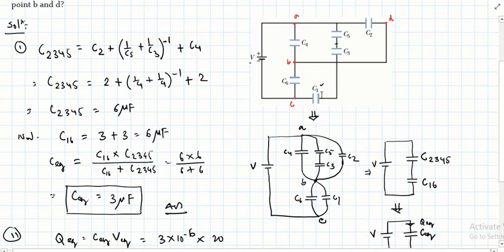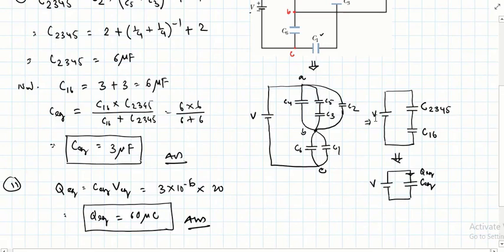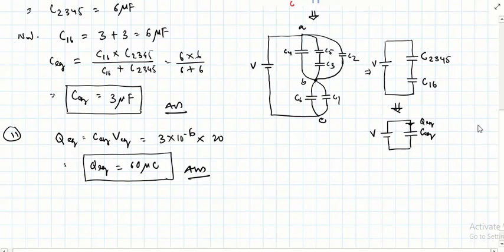If you closely observe this, I apply this 20 volts, and that is basically divided across the capacitor C2345 and C16. Since the capacitances are equivalent, I can say they will be equally divided. That makes sense, right? We can also find out mathematically that it's going to be the same.